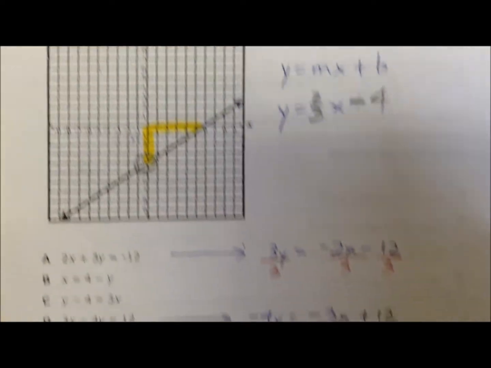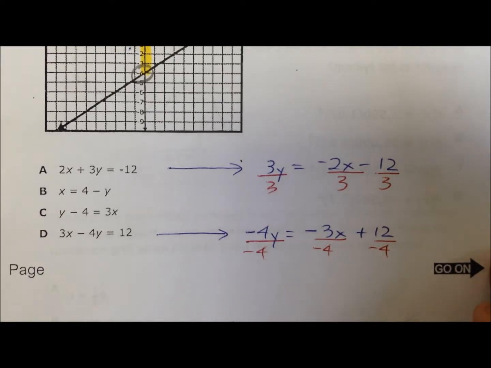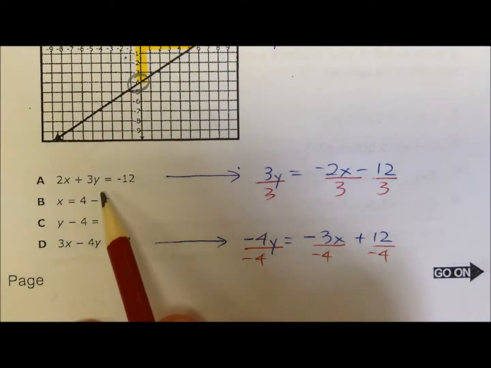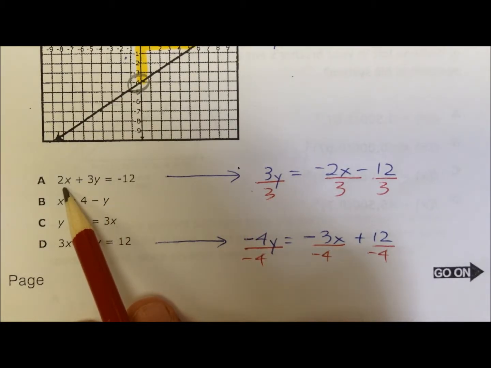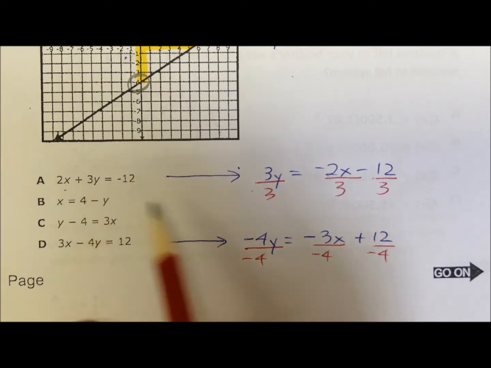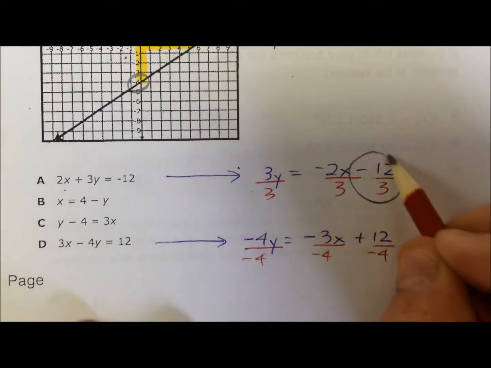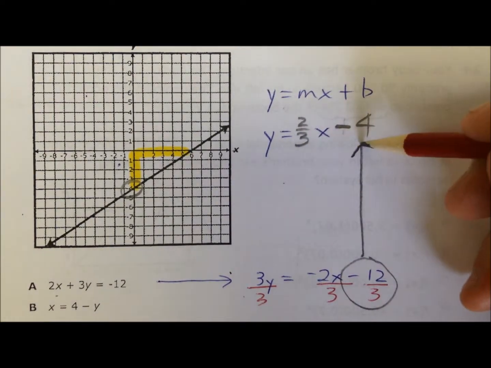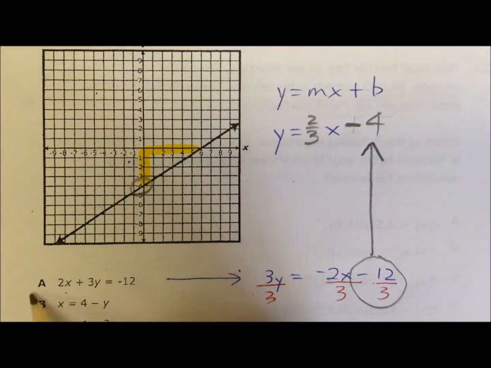So what I need to do is come down here and solve and see which one of these will give me a y-intercept of -4. So if I take this guy right here, move the 2x to the other side, it's positive in the original problem, so that means if it goes to the other side it's negative. And if I divide by +3, look what I get right there. What's that equal to? That's equal to this guy right here. So we want answer A.